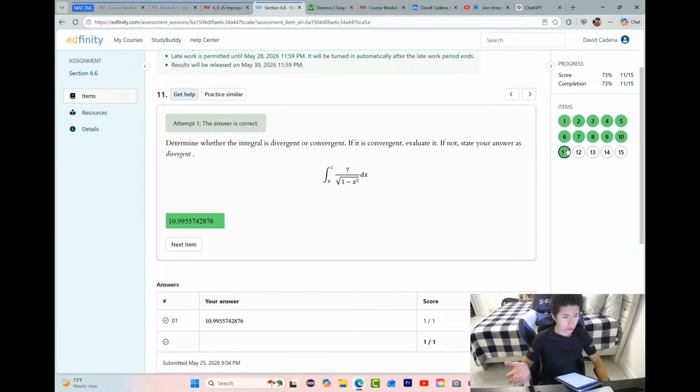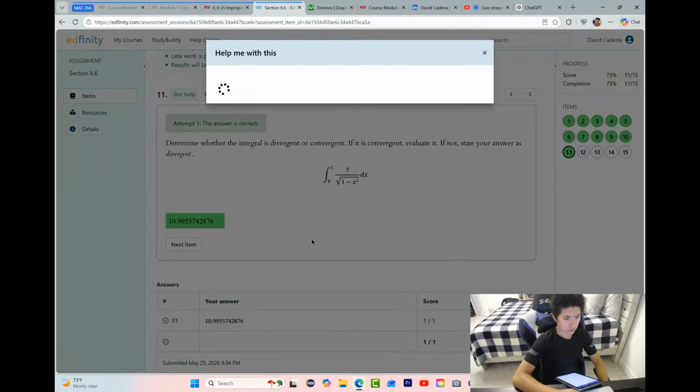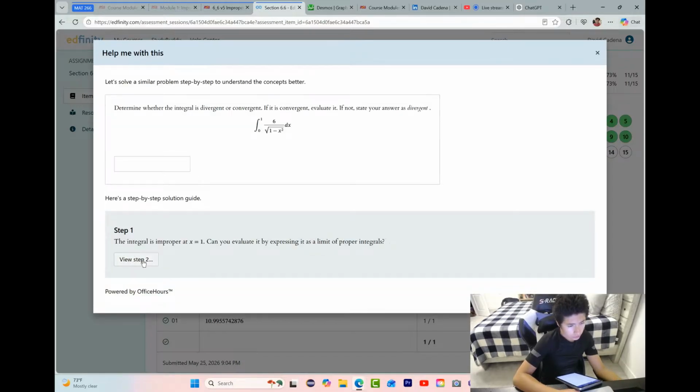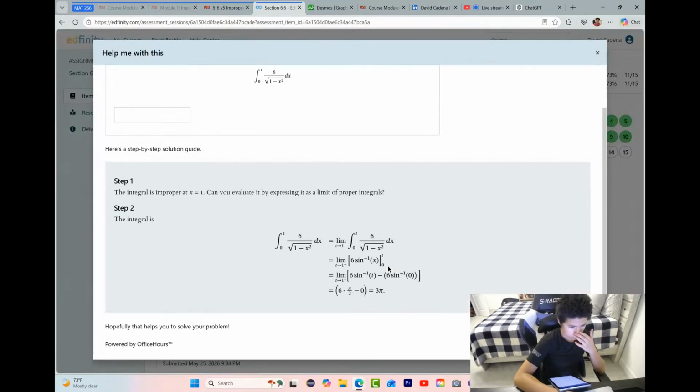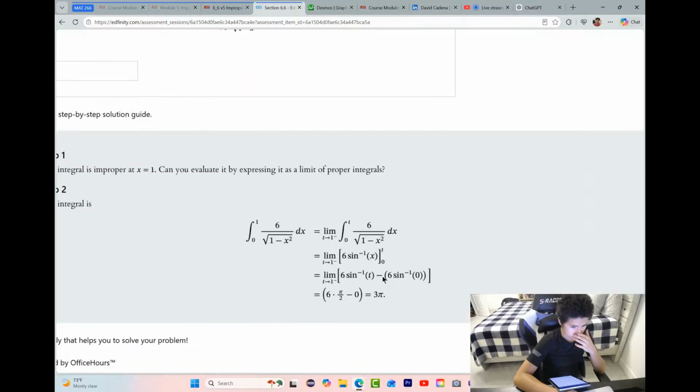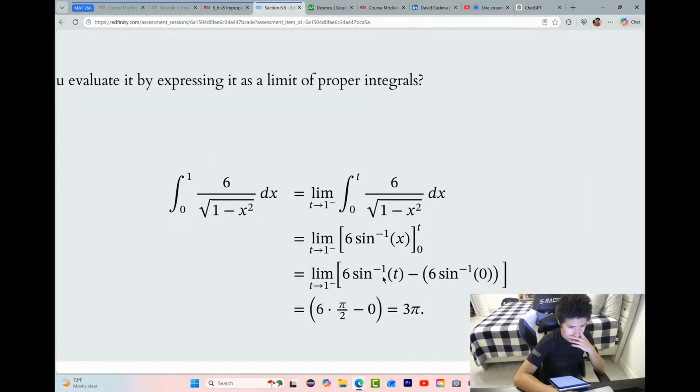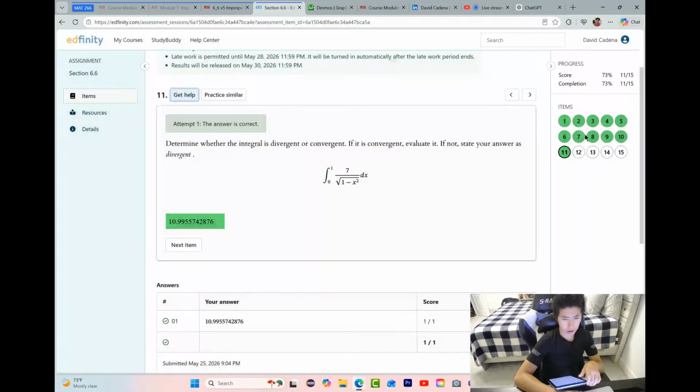That was not even. All right. Hold on. The integral is improper at x equals 1. Oh, okay. So I got to think of it in terms like that. Okay. All right. He did the exact same thing as me, but he had like a different perspective.